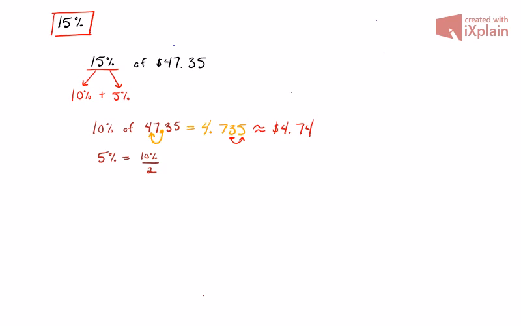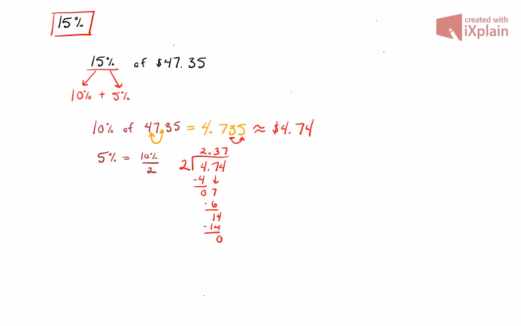So if that's the case, we can take our $4.74 and cut it in 2. 2 can go into 4 2 times. And there's my decimal. I want it to mirror. I'm going to bring down the 7, so I can put that in 3 times now.